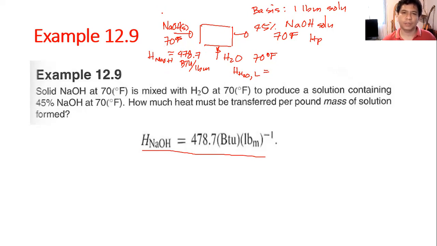Siyempre, it follows na ito ay 0.45 pound mass. Kung 0.45 yung sodium hydroxide, ilang pound mass yung water? 1 minus 0.45.